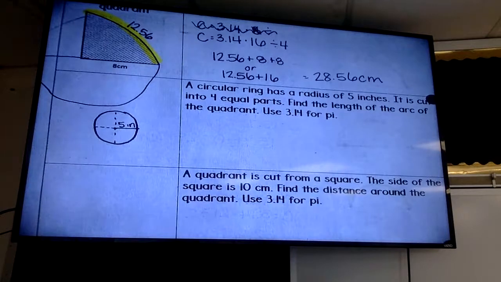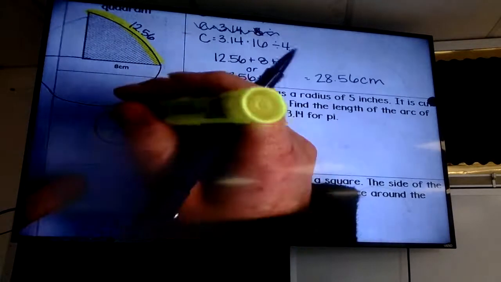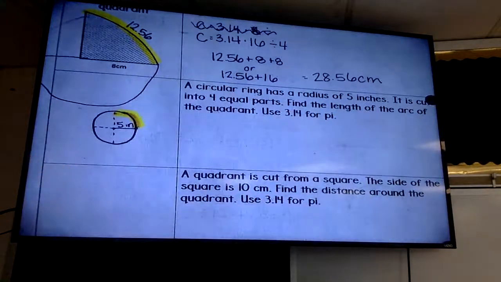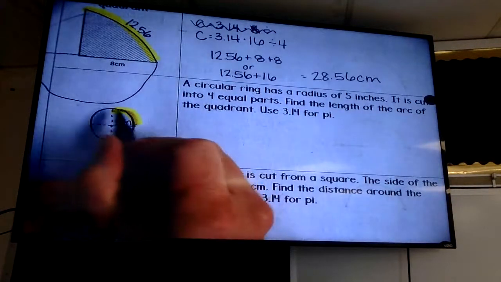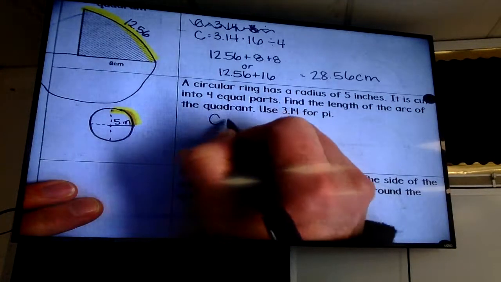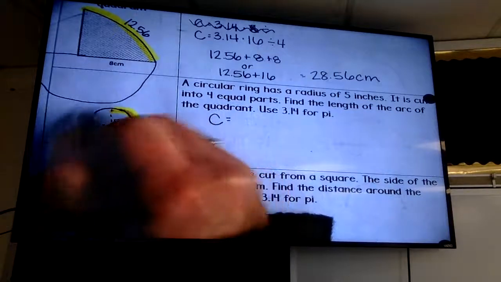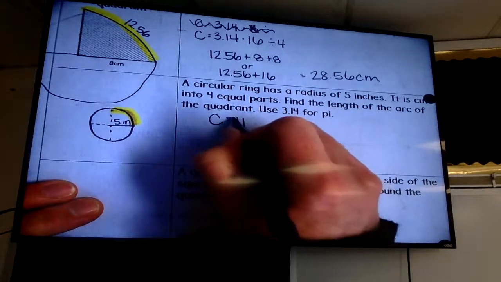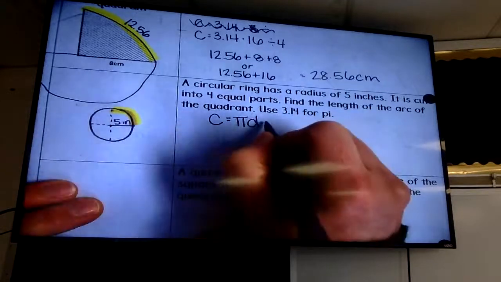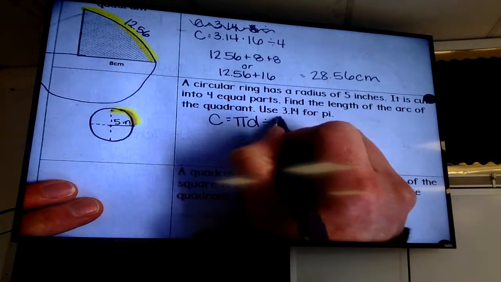Find the length of the arc of the quadrant. Okay, it's just asking for the arc. It's not asking for all the way around. It's just asking for the arc, the curved portion of one of the quadrants. So I'm going to say, all right, well, I know all the way around the curved part is pi times diameter, but I am only doing a quadrant, so I need to divide it by 4.